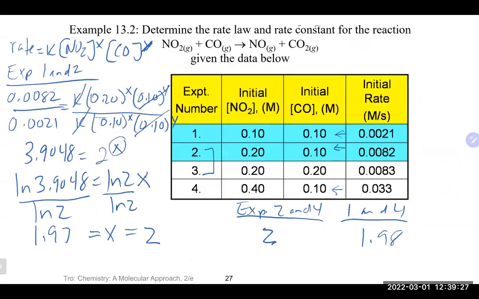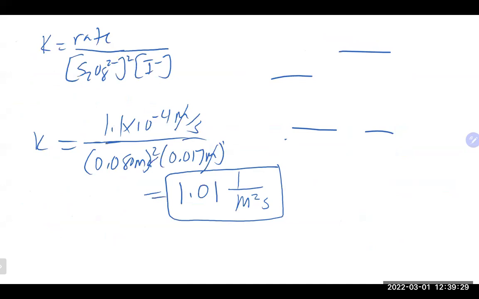If we look back at the previous one, which was this one here, we had molarity per seconds up on top. We had molarity squared times another molarity here. So what happens here is this molarity and this molarity will cancel, leaving us with 1 over molar squared seconds in this case.